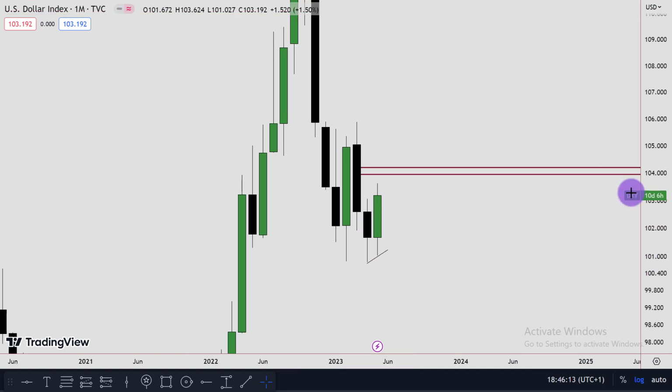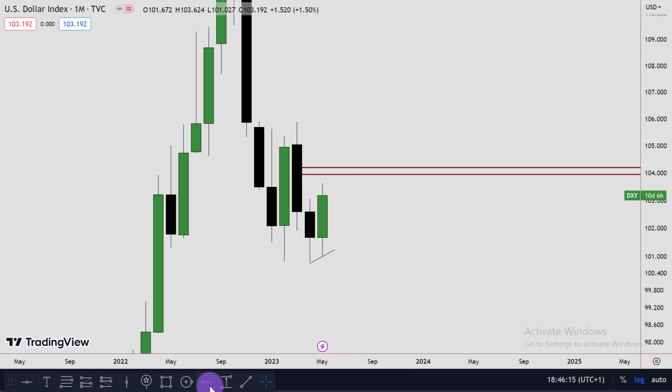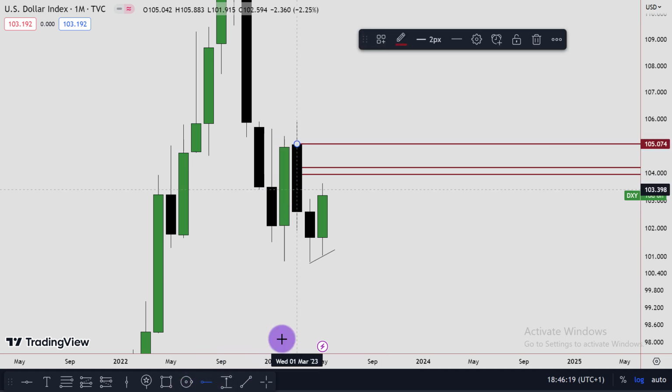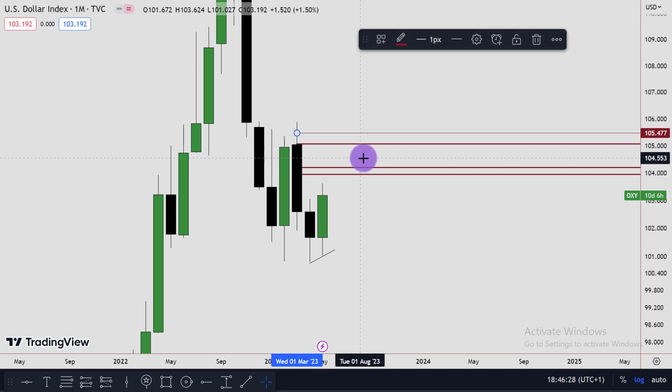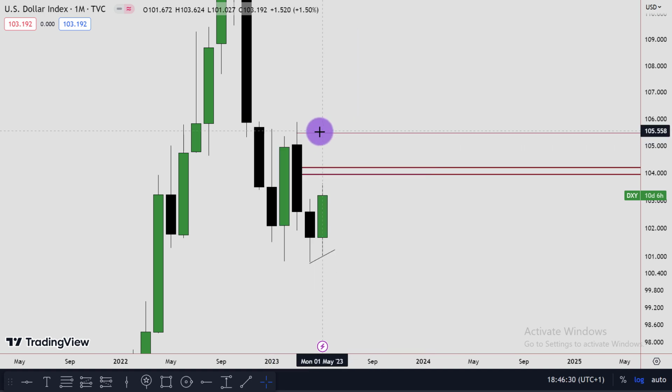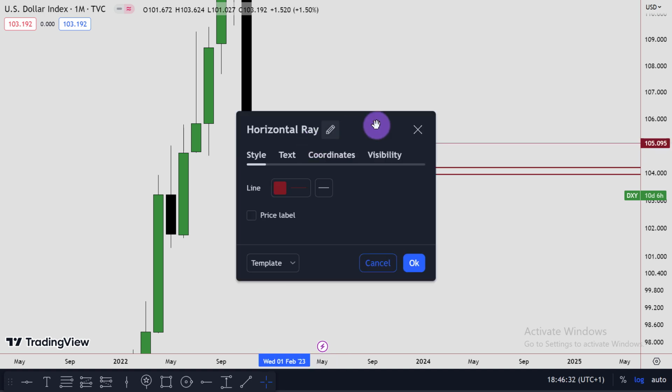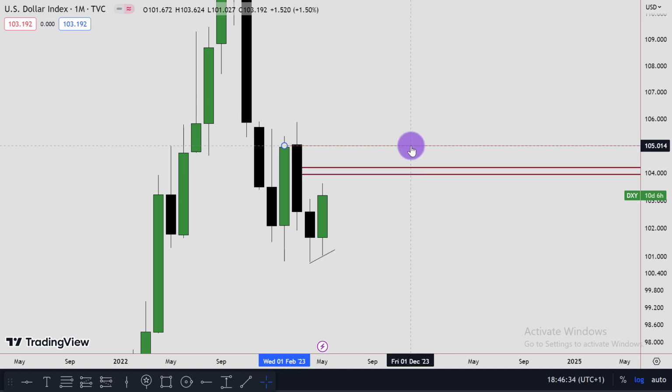So where is it trading into? Okay, so I'm outlining the rejection block here, that rejection block right there. I would like to see the dollar trade into this rejection block of the monthly time frame.